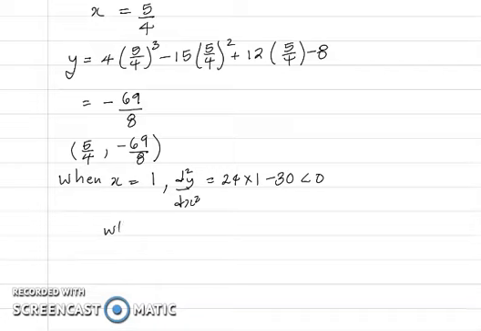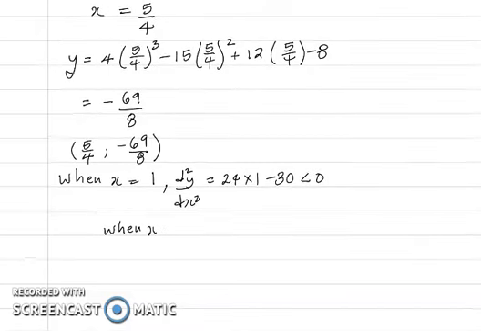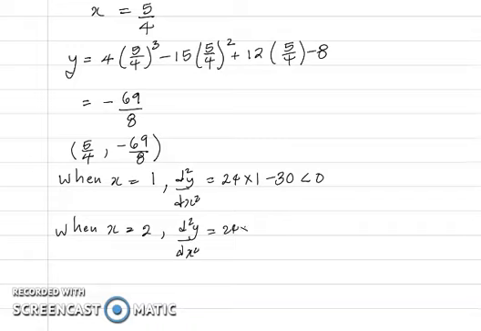When x is equal to 2, d2y by dx squared would be 24 times 2 minus 30, which means that this would be what? Greater than 0.